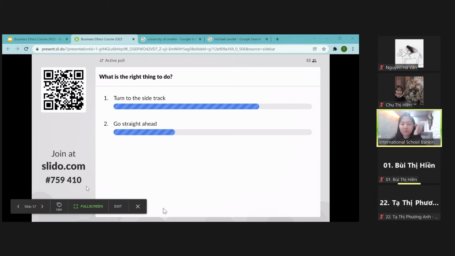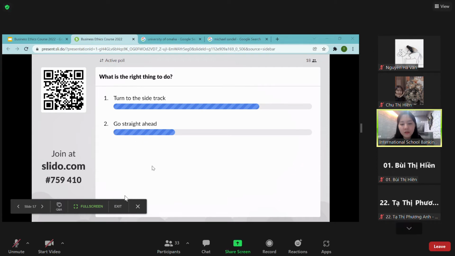Okay, very interesting. So you think that in real life you will try to save the most people, but in this case you choose to save your interest, and you choose to not do anything, right?